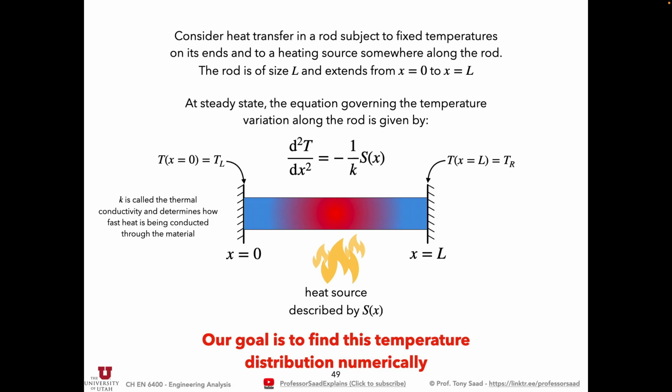It tells you how good this material is at communicating heat. If you have a large k, a large thermal conductivity, it means you conduct thermal energy faster, better. If you have a small k, you conduct your thermal energy much slower.